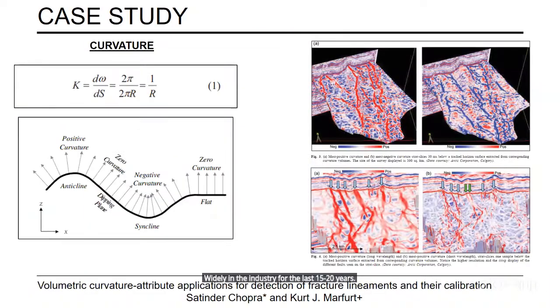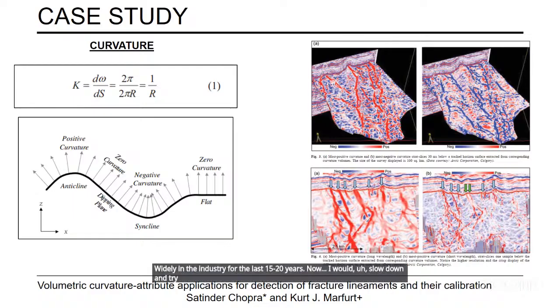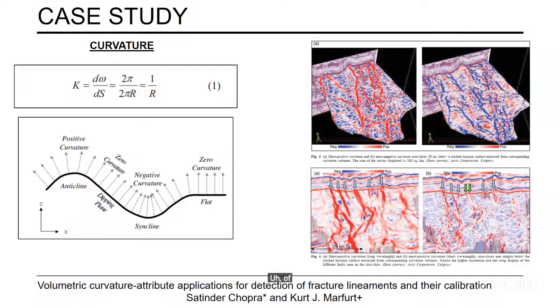Now, I will slow down and try to make you understand the basic geophysics of how this curvature attribute actually works. Curvature is basically the differential, or the reciprocal, of the radius.